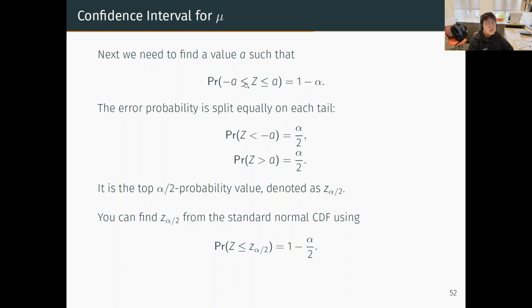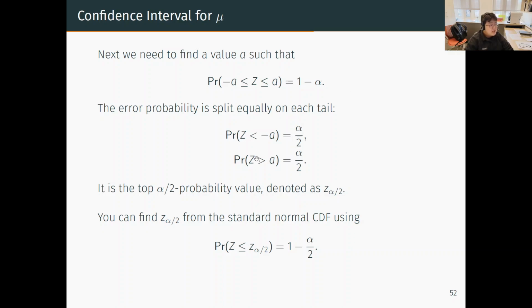And now it's to find a value from the standard normal distribution function. Right? We would like to find a value a, such that plus minus a contains 1 minus alpha probability, which means the error probability alpha is either overestimation or underestimation. So half of alpha is put on each tail, right?